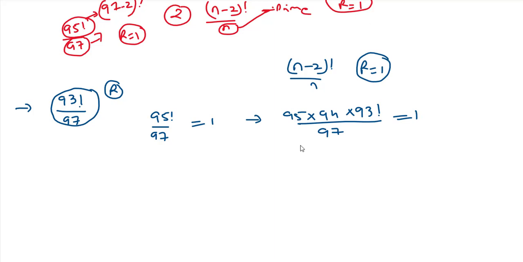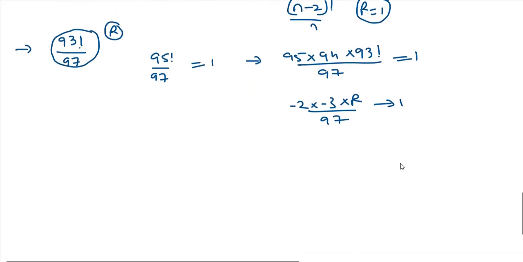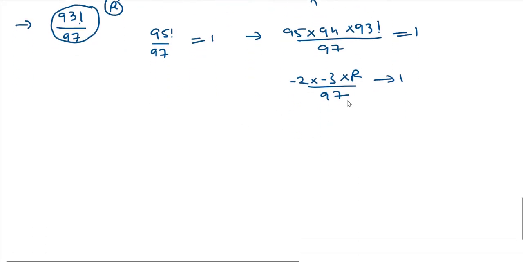So 95 when divided by 97 gives a remainder of minus 2. 94 when divided by 97 gives minus 3. And 93 factorial when divided by 97, we have assumed the remainder to be r. So this will be equal to r. And this whole thing when divided by 97 will give us a remainder of 1. We can simplify this: 6r when divided by 97 gives us a remainder of 1.